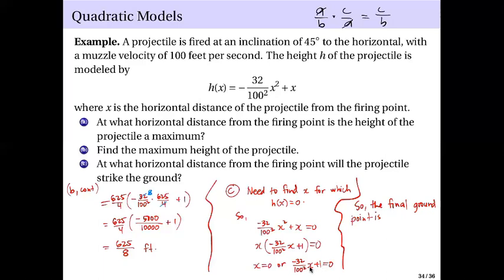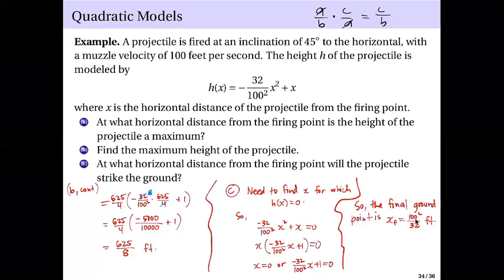If you solve for this, put this guy on the other side and solve for x, you will get x sub f equals 100 squared over 32 feet.